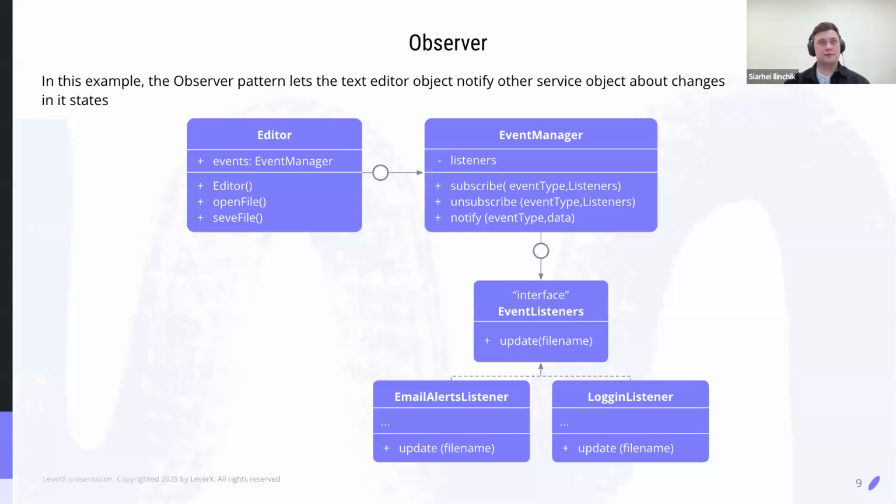In JavaScript it's pretty easy to implement since the event emitter pretty much does everything for you. But ideally, if you do not have an event emitter, or for some reason you don't want to use it, you need to have a class which has all the events and is able to notify your event manager, which would be responsible for calling the listeners when something happens in your code.